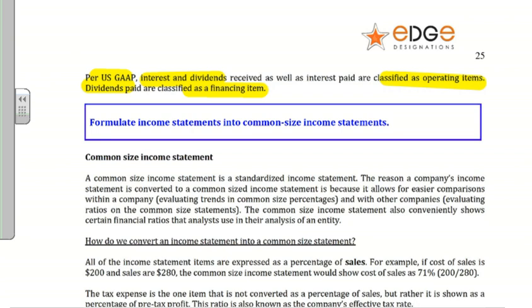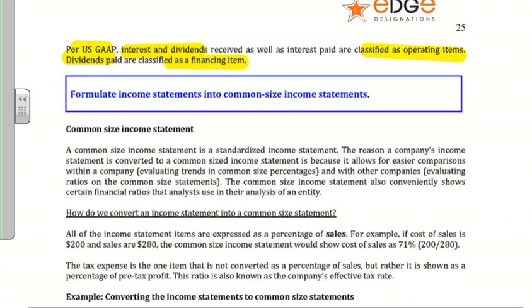Top of page 25, formulate income statements into common size. Now, what is a common size income statement? A common size income statement is a standardized income statement. Let's say we put everything as a percentage of something else.